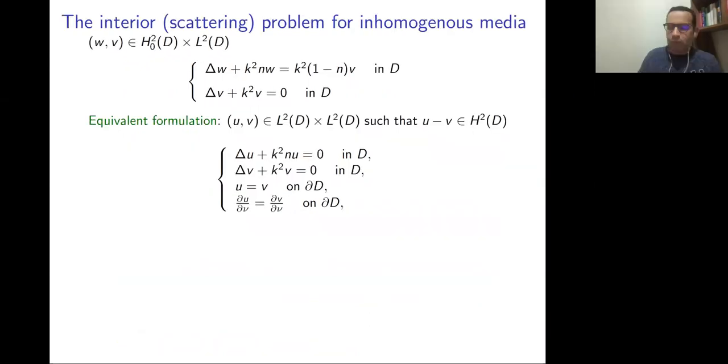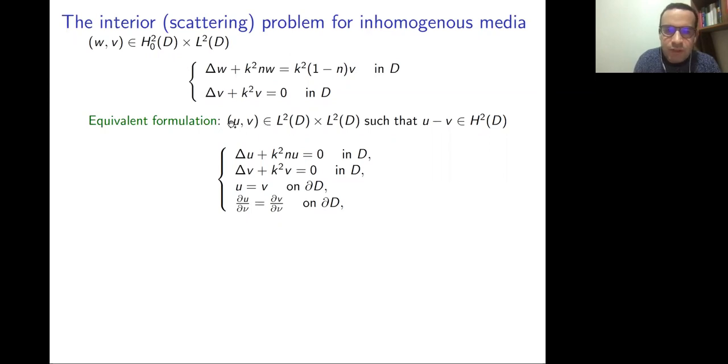Now, what I want to discuss is how we can extend the invisibility to some interior problems, so that we can recognize scattering poles for this setting as transmission eigenvalues for some interior problem. Here I choose to reformulate the problem, maybe because it's clearer. I go back to the formulation in terms of total and scattered field.